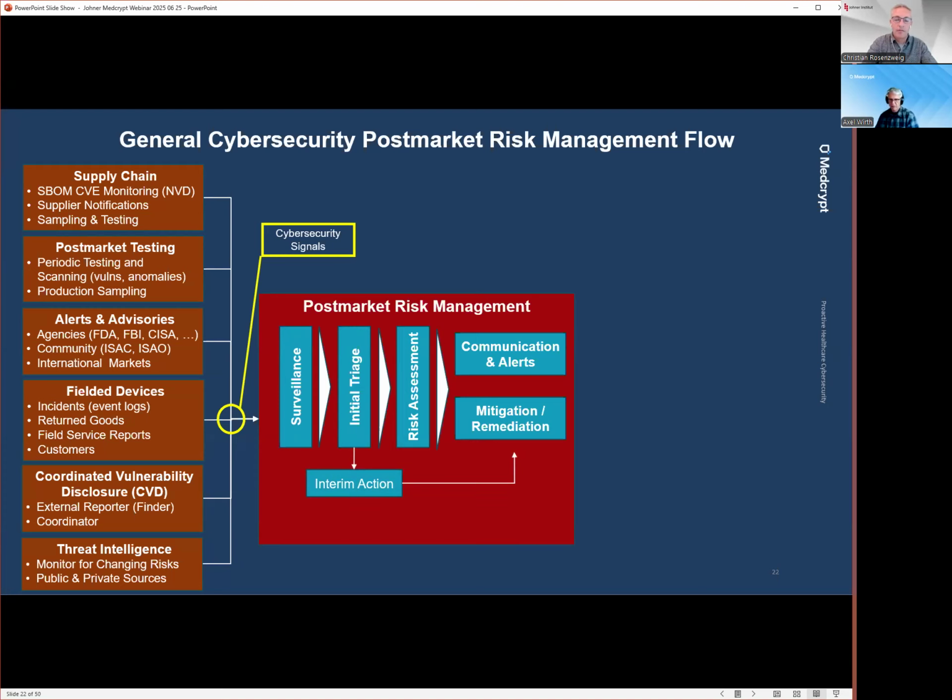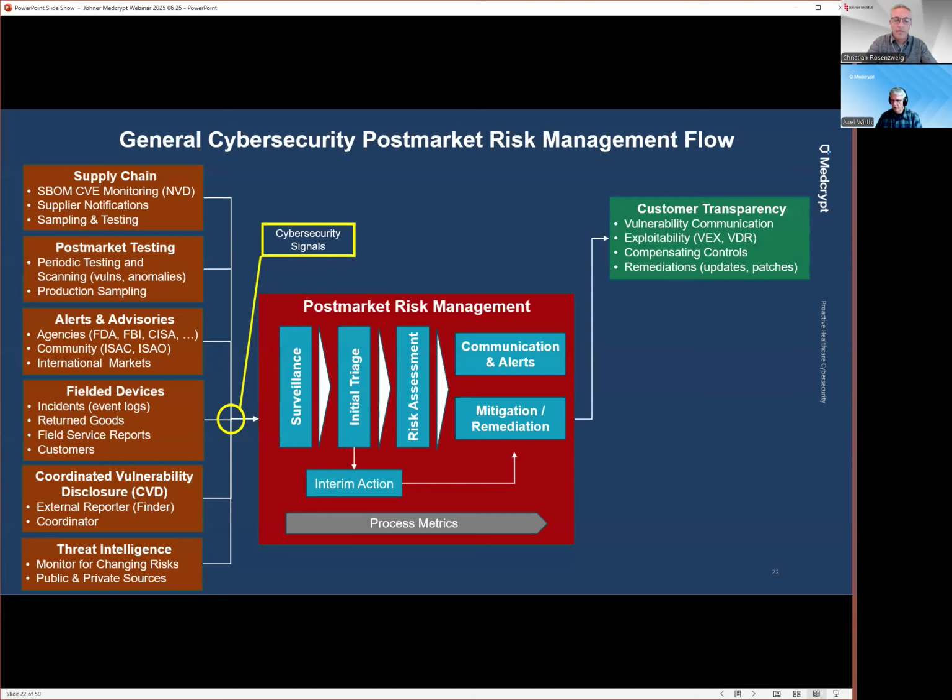So, for example, if you have a high risk vulnerability that is newly identified, you may want to issue an alert very quickly, even before you have a mitigation in place, but you want to make sure that your customers are informed. And while you do all of that, you want to make sure that you collect process metrics, such as, for example, vulnerability density and time to remediation and so forth.